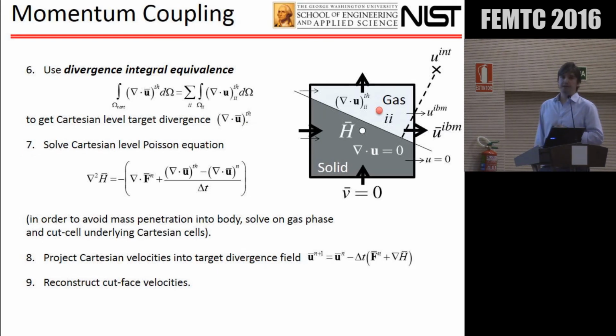Once we are at this point, we can basically solve the problem as is done currently in FDS. And that is, we have a Poisson equation for this projection, and then we project the velocity field to the required thermodynamic divergences. And also, well, in the end, the final velocities on the cut faces can be reconstructed.